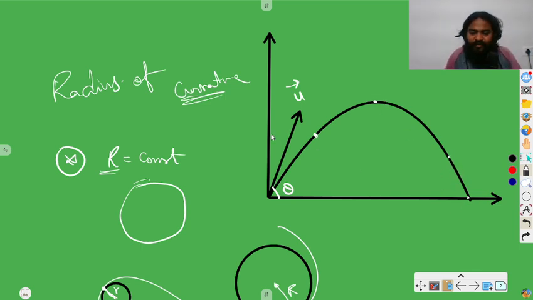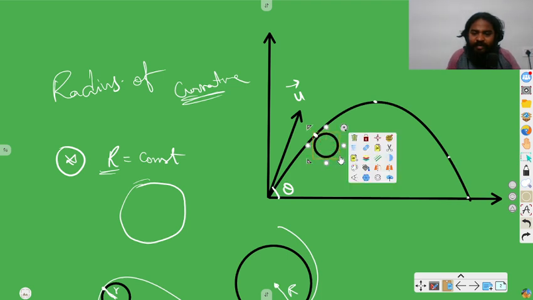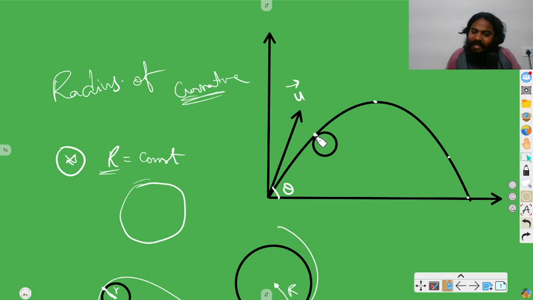Whenever they ask for radius of curvature, first imagine the curve. The radius of this circle will be the radius of curvature at this point.